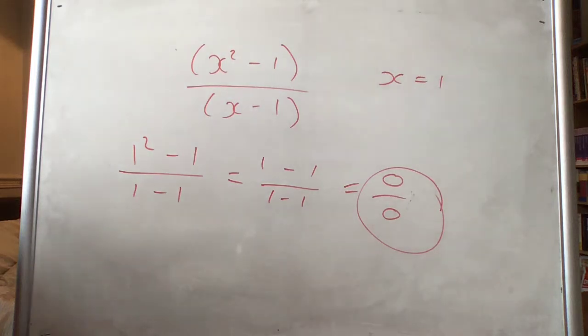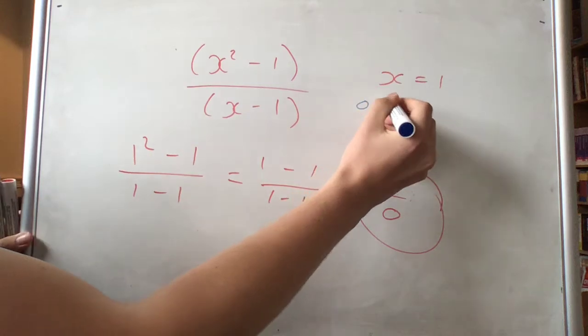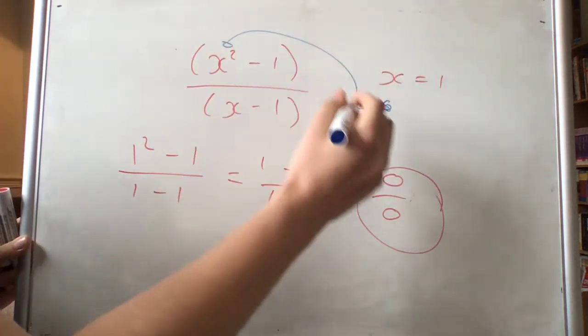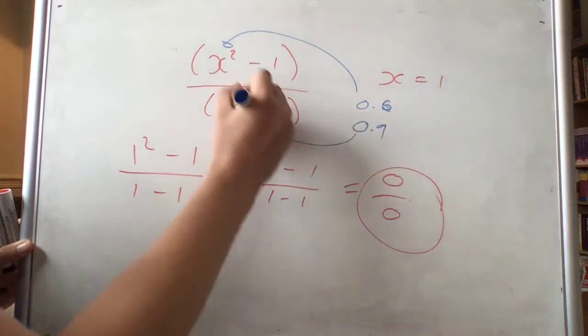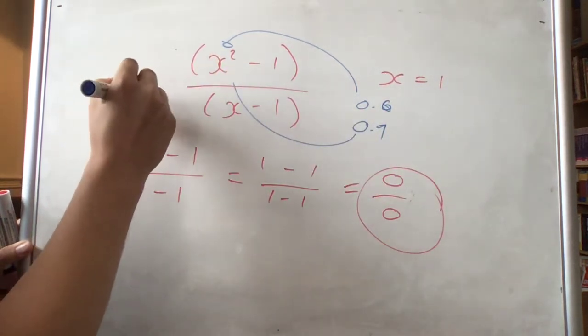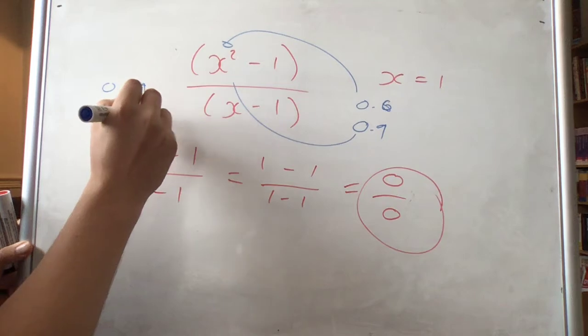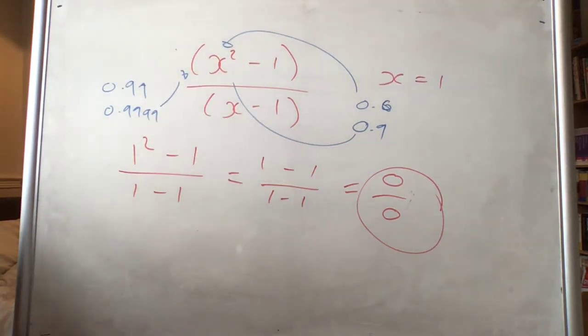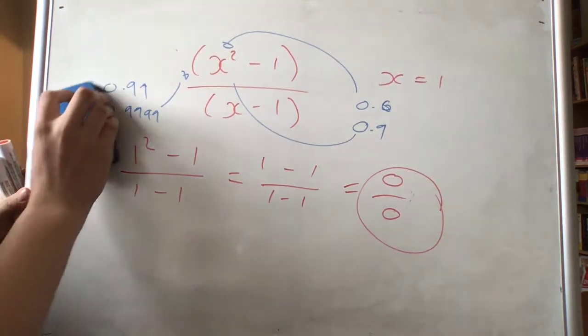So for example, we could instead put in 0.5 into the equation, or we could put in 0.9, or 0.99, or 0.9999. As it approaches 1, what values are we going to get out? Okay, so let's give this a go.